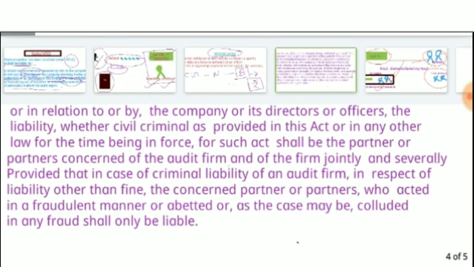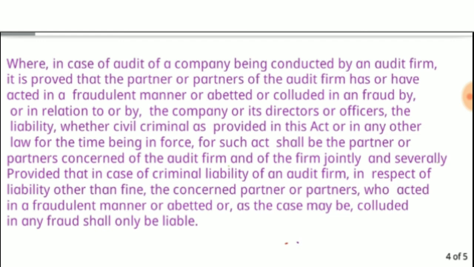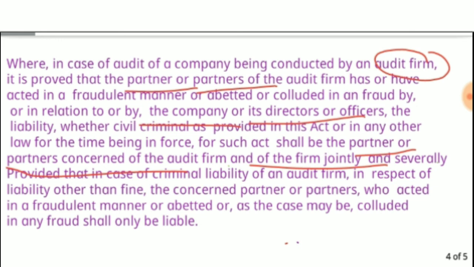Here the legal language is provided. Where in case of an audit of a company being conducted by an audit firm, it is provided that the partner or partners of the audit firm has or have acted in a fraudulent manner or abetted or colluded in a fraud by or in relation to the company or its directors or officers, then the liability, whether civil or criminal, as provided in this Act or in any other law for the time being in force for such act, shall be of the partner or partners concerned of the audit firm and of the firm jointly and severally.